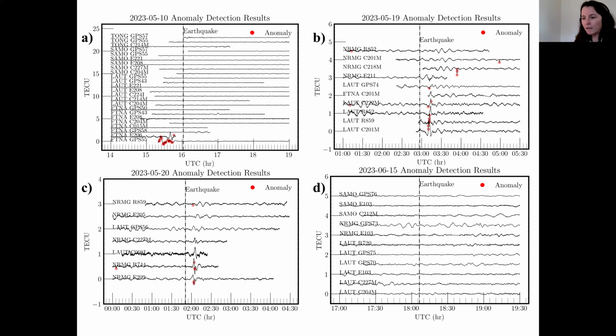We see another very clear acoustic disturbance here after the 20th. And unfortunately, on June 15th, the Tonga station, which is closest to this earthquake event, was down for all of June. So we see nothing, unfortunately, on that event either.